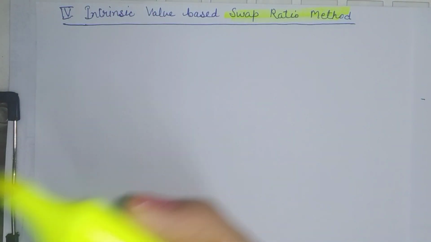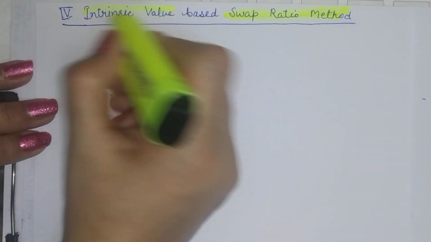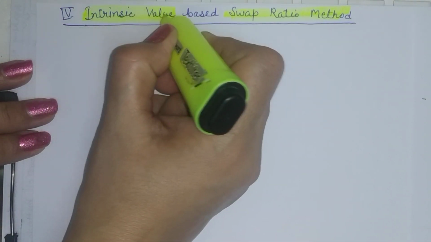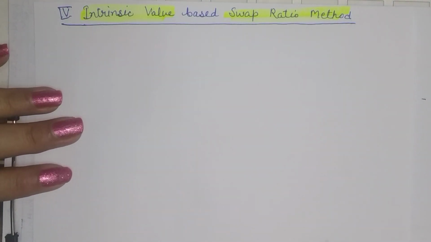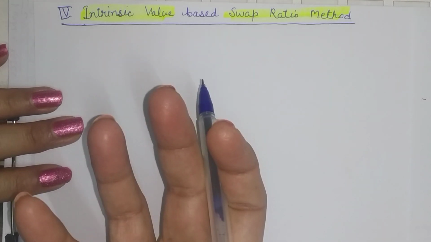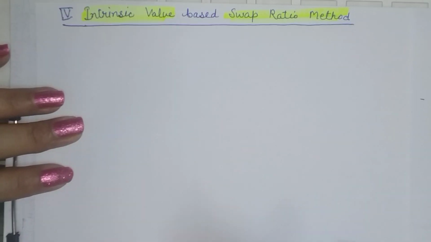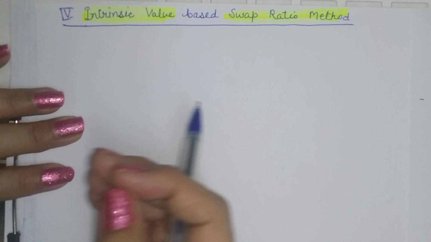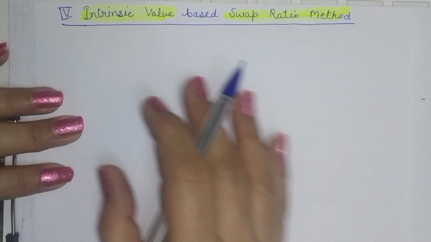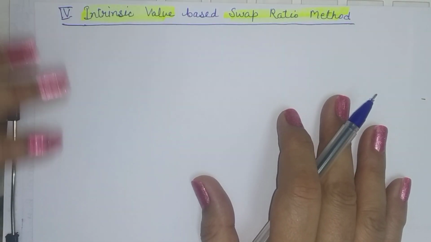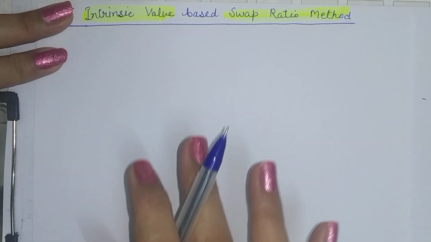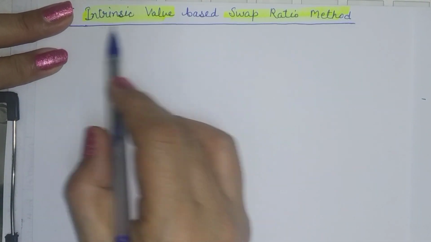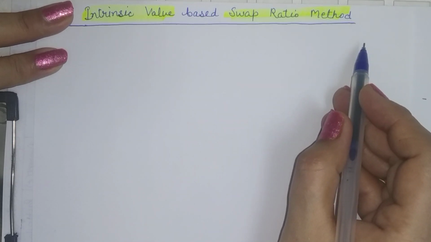So let us first see what is meant by intrinsic value of the shares. Intrinsic value of the shares is actually the value of the shares based on the net worth of the company. That is, the worth of the company when spread over all the shares proportionately is called the intrinsic value of the shares. So it can be the net assets spread over the equity shares. Now this method is relevant only for equity shareholders.